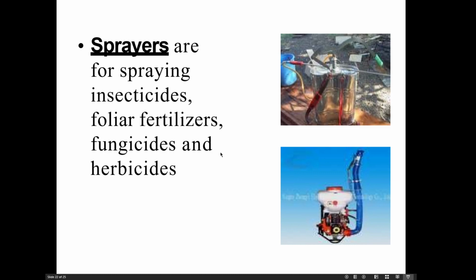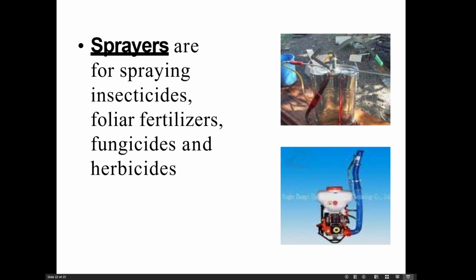So ngayon, as of now, merong mga naiimbento. Yung iba drone na lang ang ginagamit panghagis ng fertilizers. Diba? Ngayon naka-drone na sila sa ibang bansa. Yung iba naman, machine na yung nagdidilig ng fertilizers.